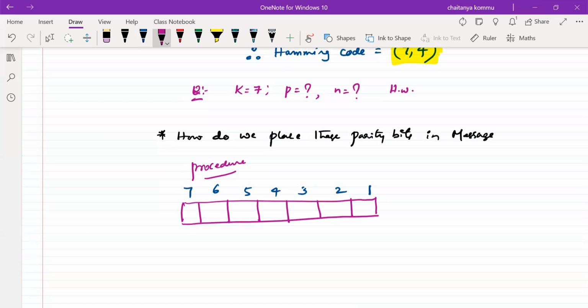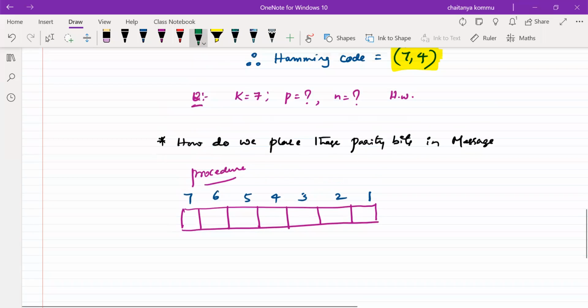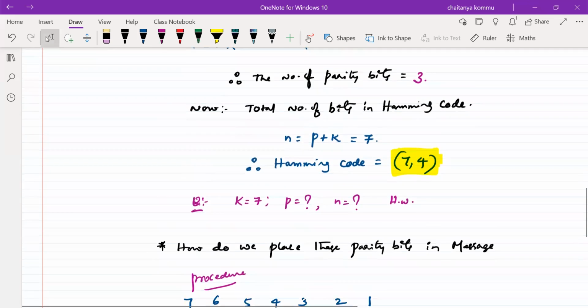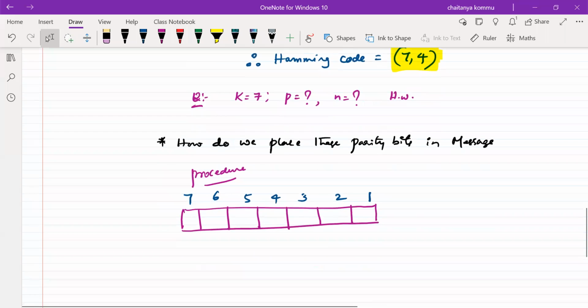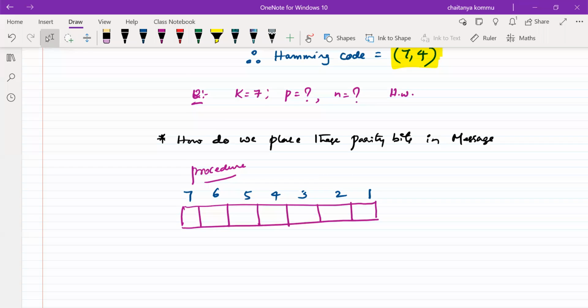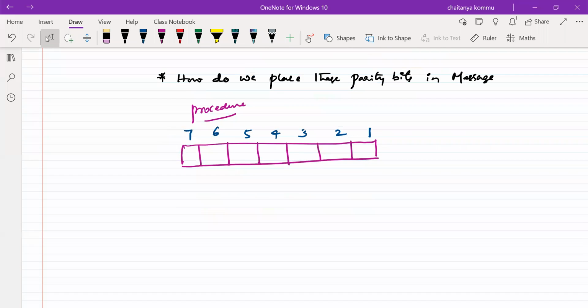Now I know very well where I have to place my message bits in this particular register, and where I need to place my parity information. Please remember that once we have three bits of information, for example P2, P1, P0, these are the parity information, right?